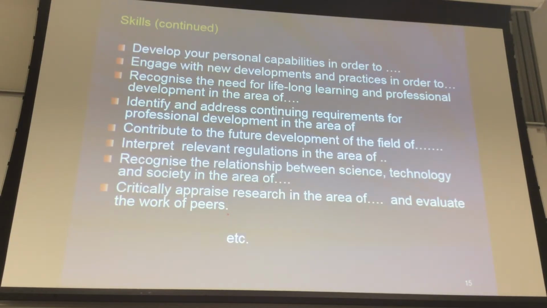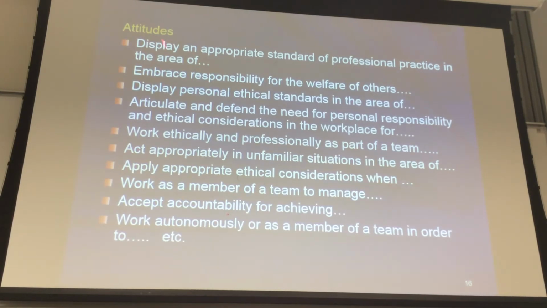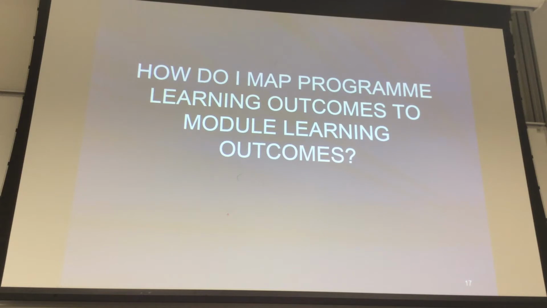So there's lots of other skills, for example, and then the attitudes: displaying ethical practice, defending the need for personal responsibility, work professionally as part of a team, accept accountability, and so on, work autonomously or as a member of a team. So they'll be a great help to you.